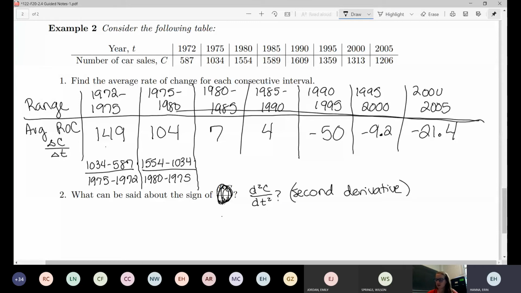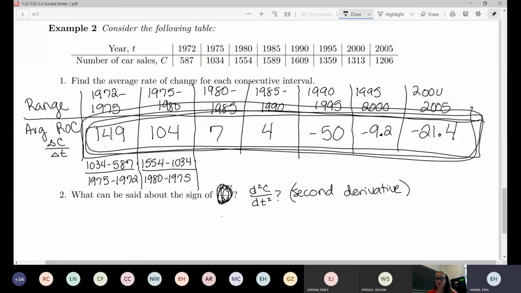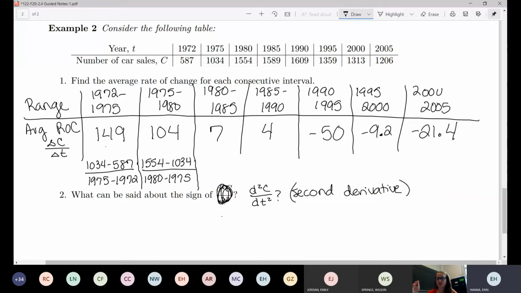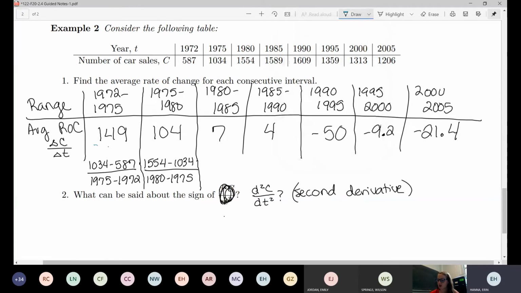So these values in this table are estimates for derivative values, representing the values for the first derivative. So if I want to talk about the sign of the second derivative, I need to see how my slopes are changing. Looking at the slopes in this table, I start at 149, go down to 104, down to 7, down to 4, down to negative 50.